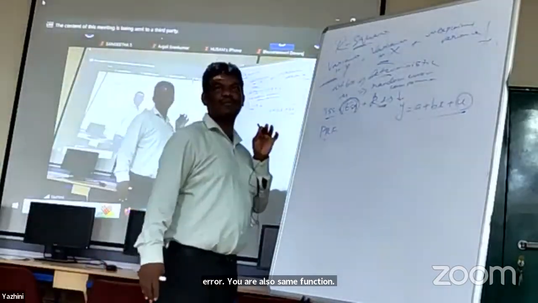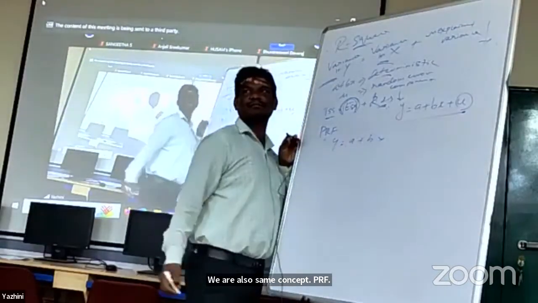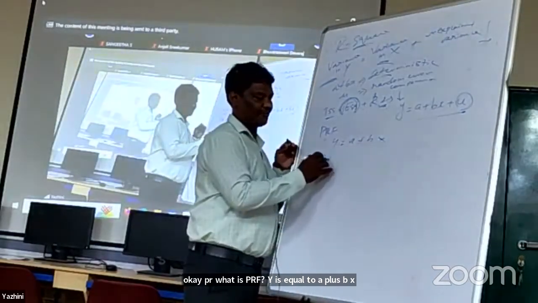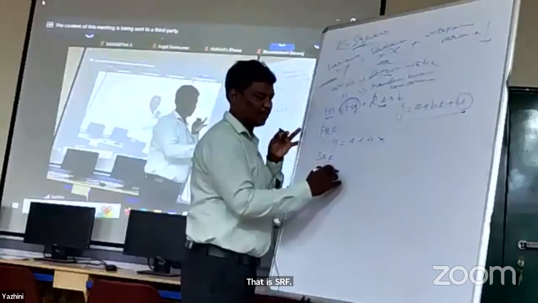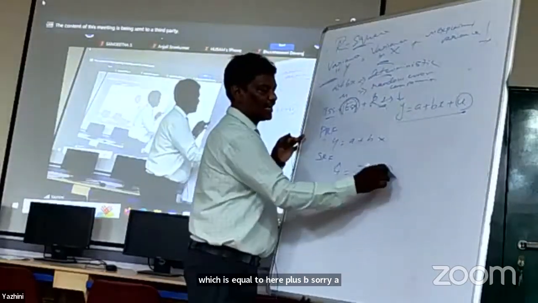What is PRF? y is equal to a plus bx. There is the SRF, the sample regression function, which represents the population: y hat is equal to a hat plus b hat x.